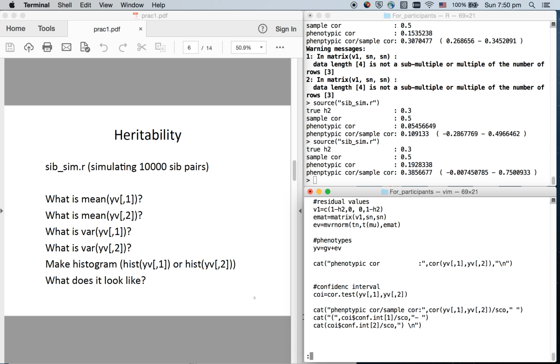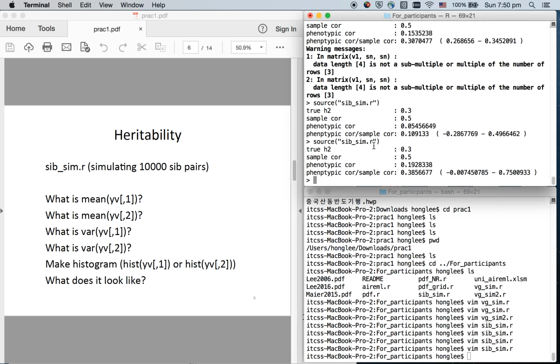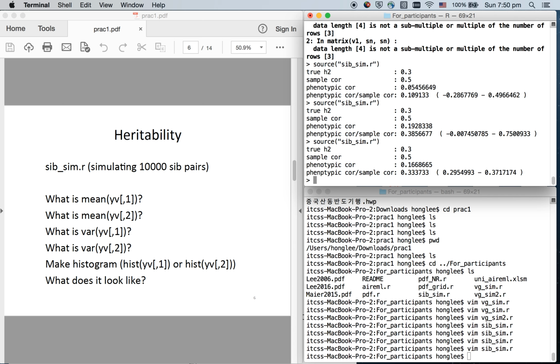So we can try this code. Give source and give the name, then try. As we simulated, true heritability is 0.3, and the sample correlation, because we designed it as full sibs or DZ twins, is 0.5. The phenotypic correlation from the simulation, Y1 and Y2, is 0.166, and divided by the sample correlation, it is 0.333.